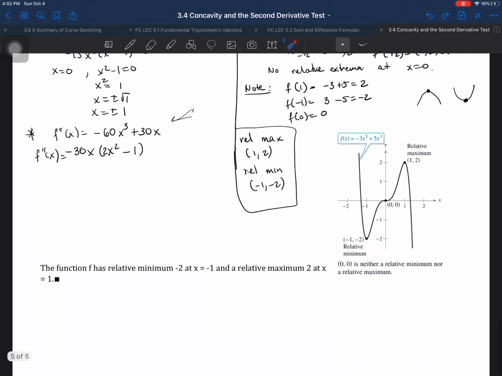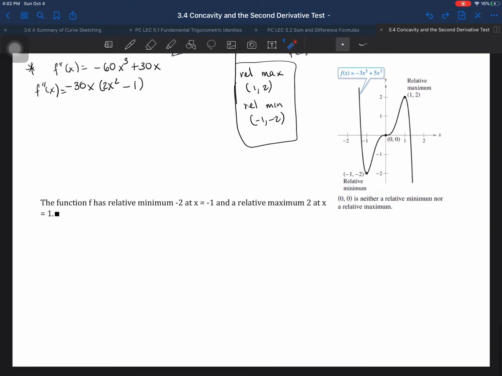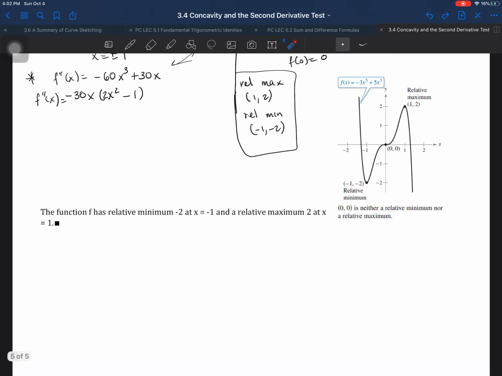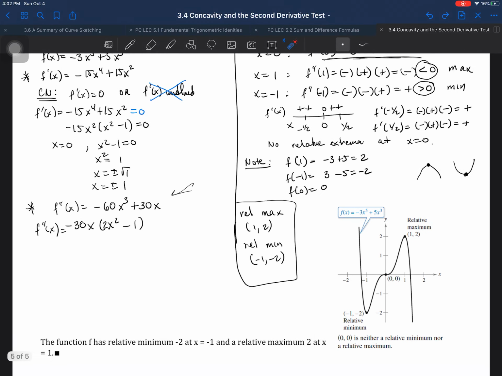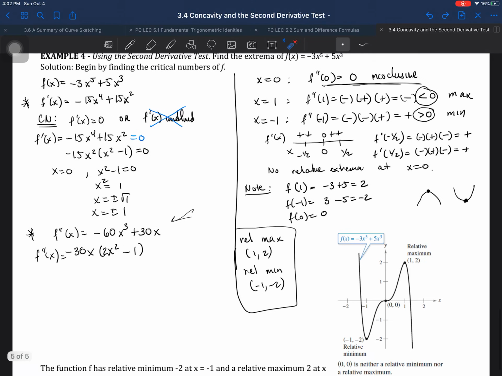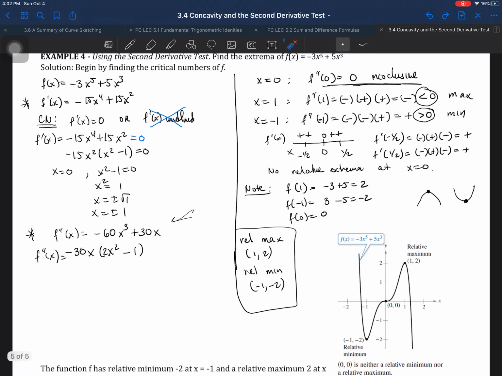So do you see how we were able to find this extrema using the second derivative? There's not much I can add here, but for you guys to practice this process, obviously it changes depending on the algebra and the actual function, but other than that the concept is the same.